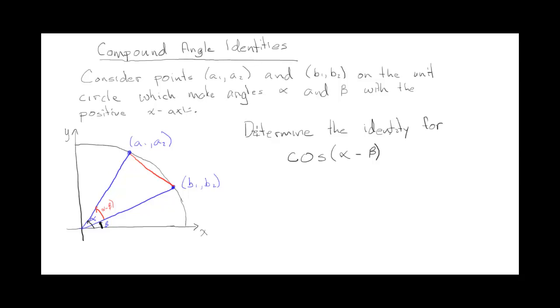I'm going to call this side C. So what I need to do is come up with a trigonometric equation or formula involving this angle alpha minus beta.